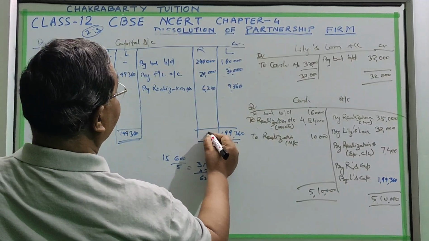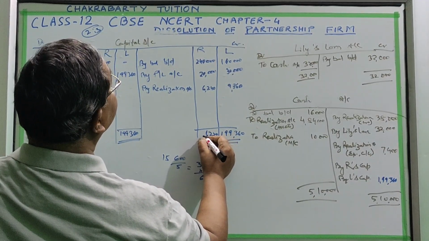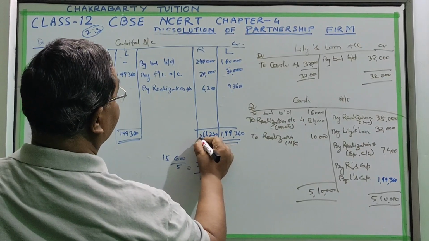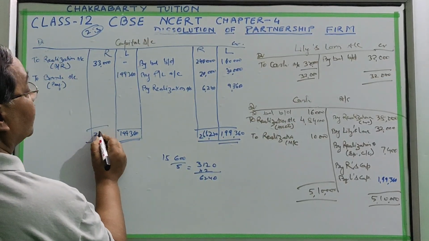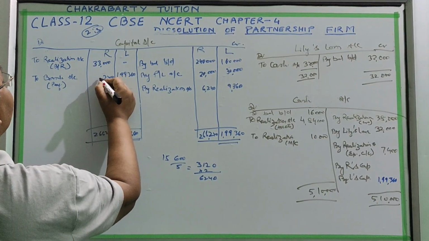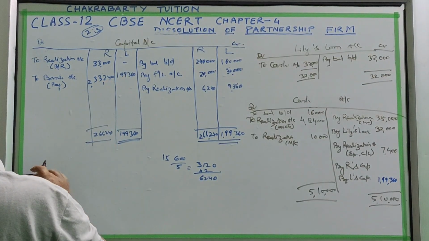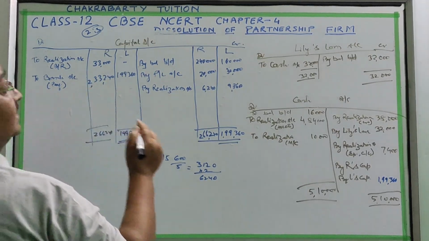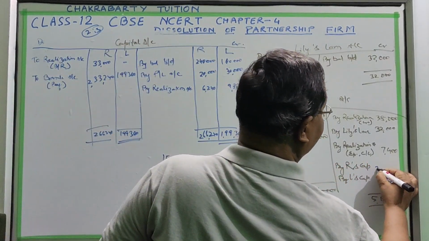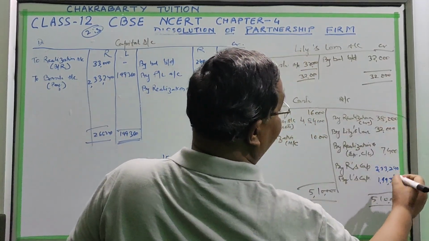Now this total 2,40,000 will come to 2,66,240. So here also payment 2,33,240, and this total should agree automatically.